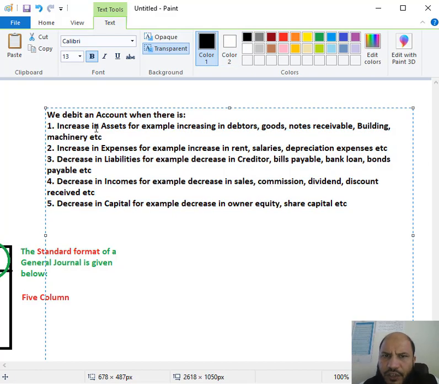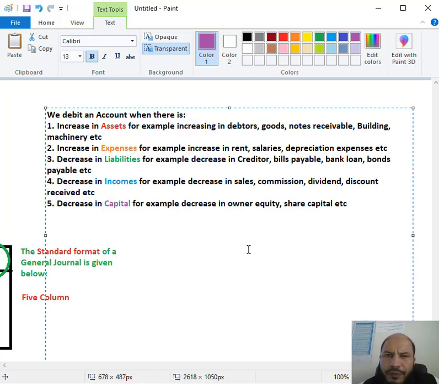Here we have the asset account, here we have the expenses account, the liabilities account, and we have also the income account, and also the capital account. So there are 5 types of accounts in each and every business.